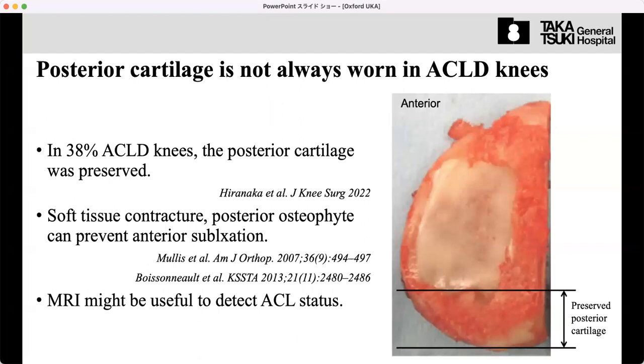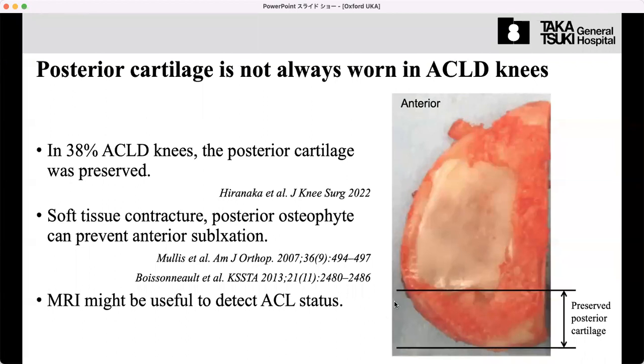It is not difficult; it takes only 10 or 20 minutes after the UKA procedure. ACL deficiency can be found in some patients, so you should prepare some tools for ACL reconstruction. UKA and ACL reconstruction will have a good outcome.